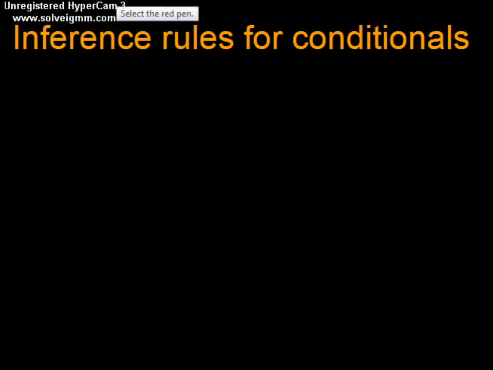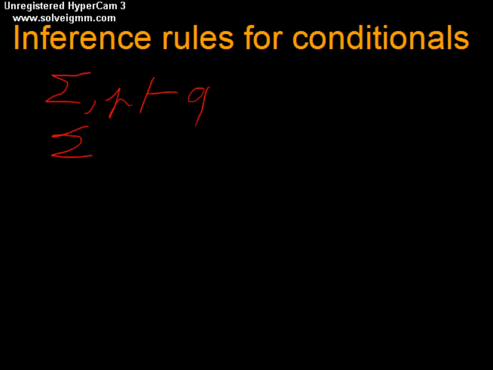Next we have some inference rules about conditionals, or implications. Now, we can always introduce an implication as follows. If we have already proven that from a certain list of axioms sigma, and from a certain statement P, we can infer that Q holds, then from sigma alone, we can always infer that P implies Q holds.